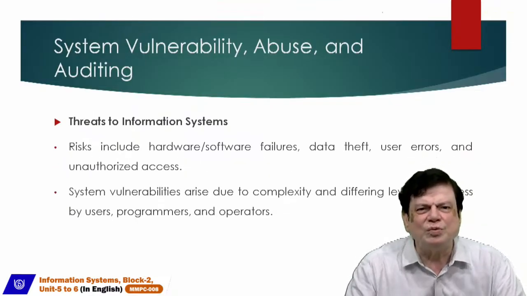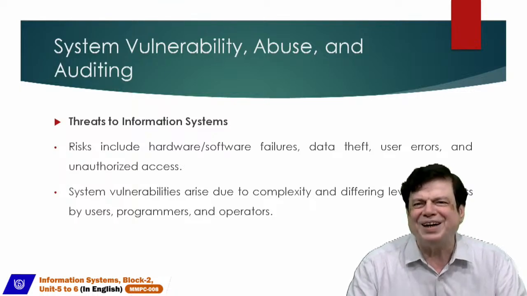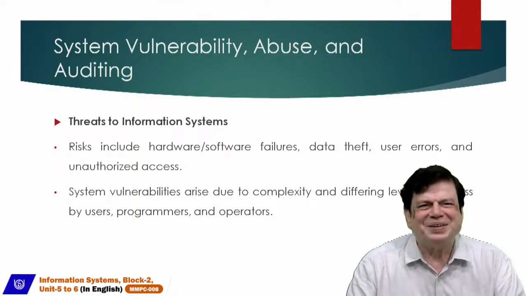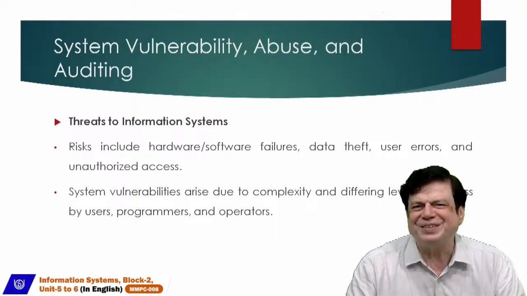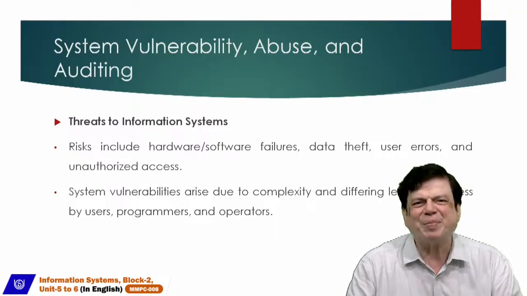Threats to information systems. What are the threats now? System vulnerability, abuse and auditing. First threat: risks include hardware and software failures. It is a machine, it can fail anytime.